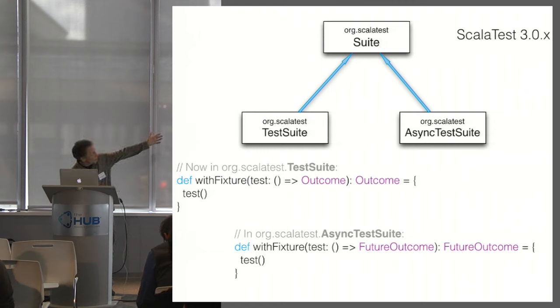So the ye olde withFixture that you're used to is now in TestSuite. And there's a new one in AsyncTestSuite where instead of Outcome, it's FutureOutcome, which is actually a new type. What FutureOutcome is, it's like a Future[Outcome], but with a nicer API. The problem is that when you work with a Future, you'll get a Try, which is either a Success or a Failure.